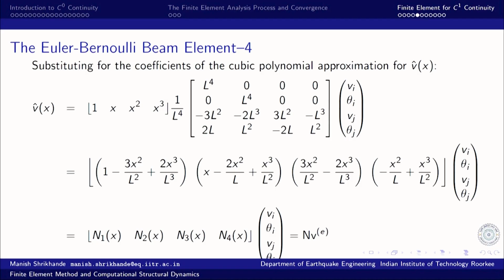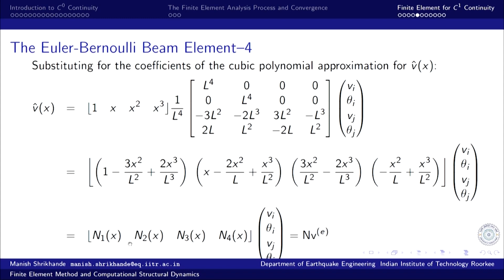But in this case we derived this from first principles, from the basic requirement of interpolation theory, that the approximation has to be consistent, has to yield the primary variable, or the specified function values, at the nodes. This is what we get as the interpolation functions, 4 interpolation functions for 4 primary variables in the element. So, 2 at each node, also referred to as the degrees of freedom.